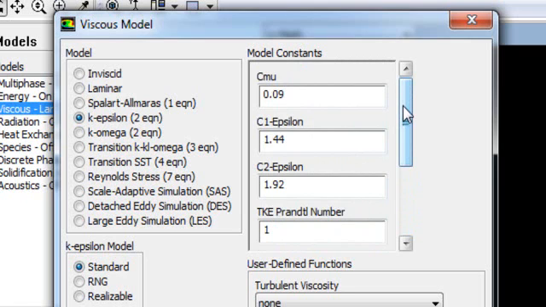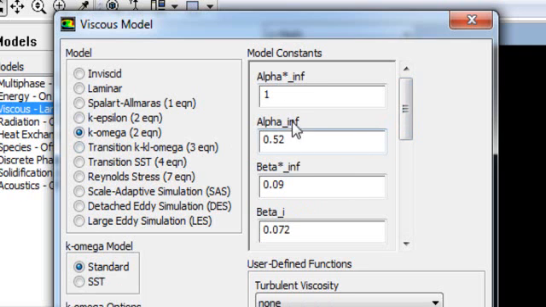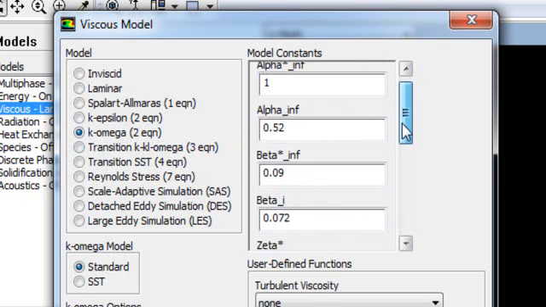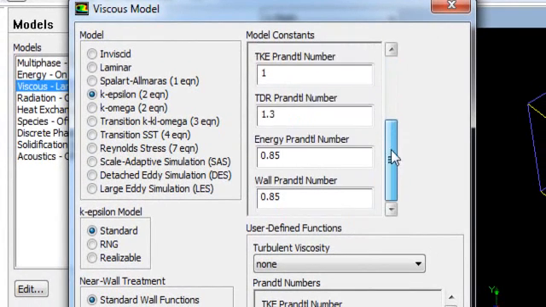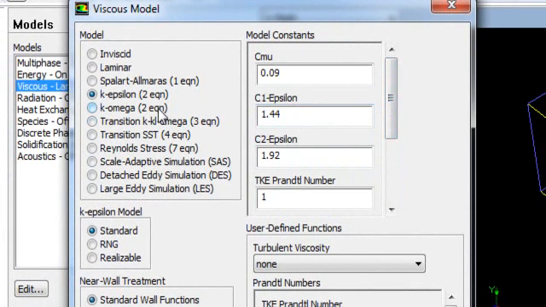If you don't know, then do not change this constant for any types of turbulent model. For example, if you select K omega, you can see the constant has changed. So for different models, these constants vary. So do not change this constant unless you know what you are doing. So keep it as it is.